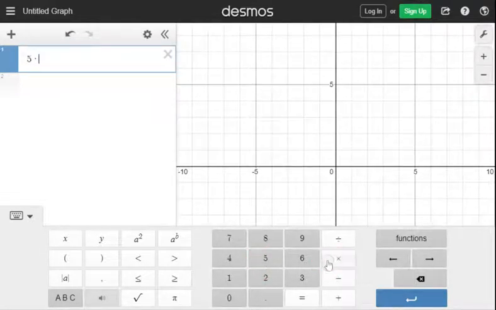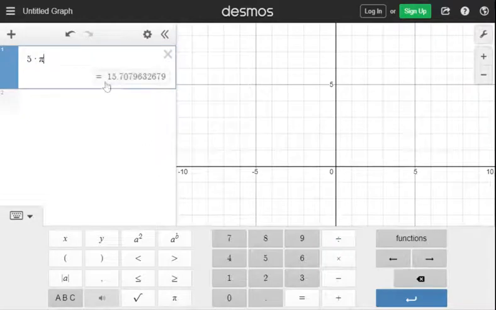So 5 times pi gives me 15.7079632679. But as we know, we only need what's before the decimal, and then 3 values after. So in this case, 15.707. And for our purposes, we're not rounding.